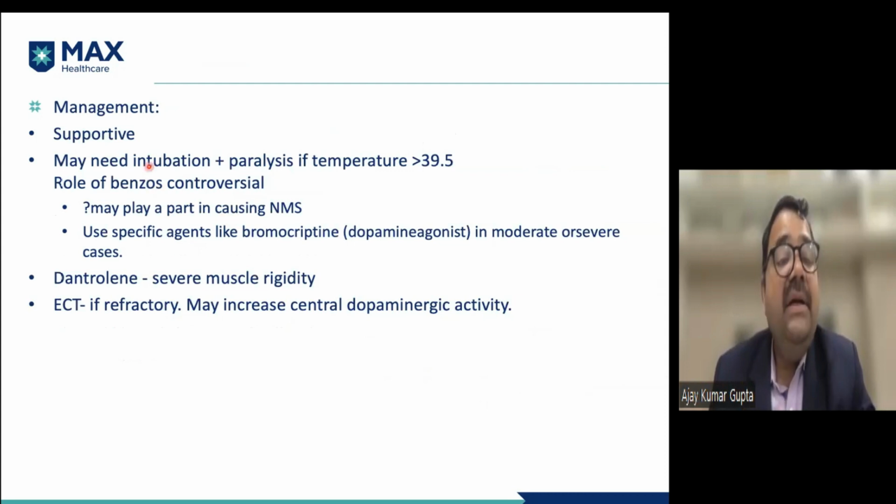So in the management, we need to have a supportive treatment. Then we may need an intubation or paralysis, and the role of benzodiazepines in such patients is controversial because they may play a part in causing the neuromuscular syndrome.